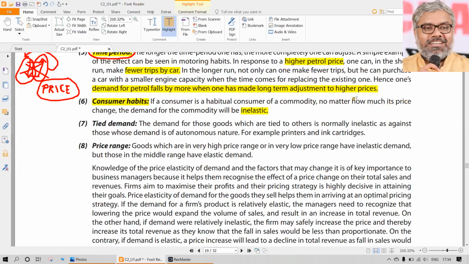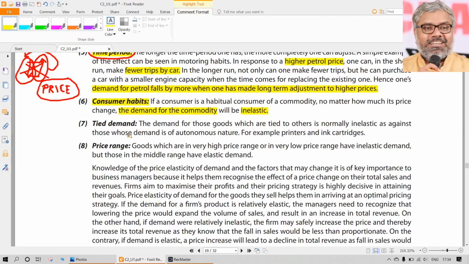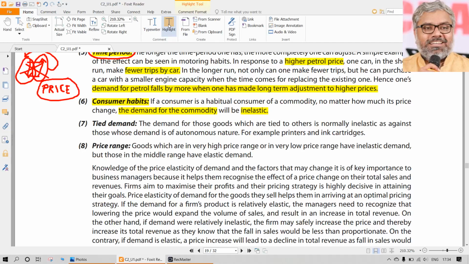They keep on increasing every year. But generally the observation is that the demand for that commodity will never reduce because people are habituated to that. So the kind of commodities where people are habituated, those will be inelastic. That is another reason why certain commodities could behave inelastically like that.